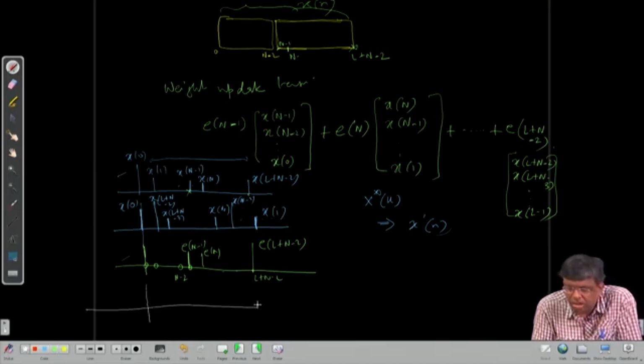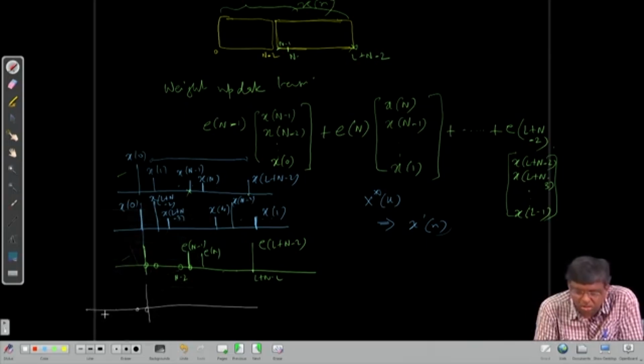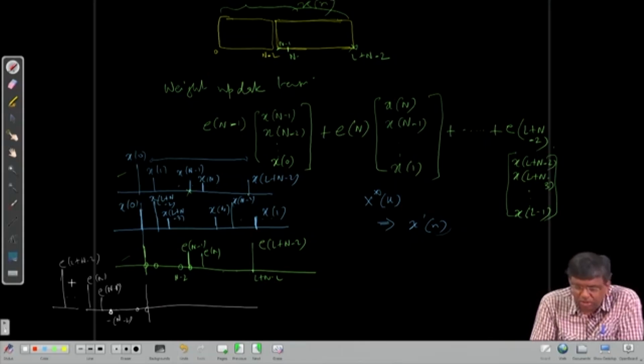If you make it periodic and flip it, these zeros will go to this side, up to minus n minus 2, since it was plus n minus 2. And all these E of n minus 1, E of n, dot dot dot, E of L plus n minus 2, will go to this side, and this will repeat.